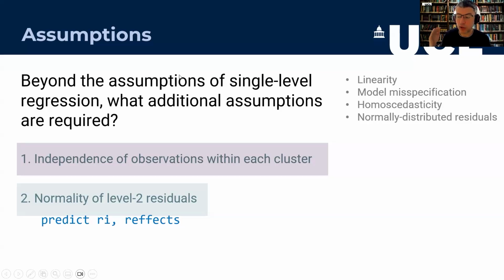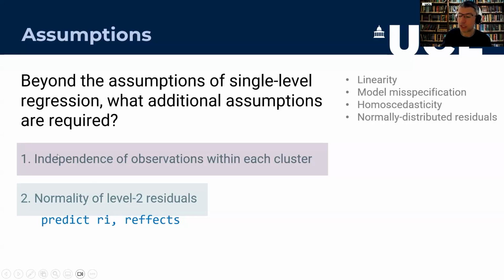So remember, when we are dealing with multi-level models, there are still assumptions that we need to check. But obviously we have, like, scarcity, model misspecification, linearity. These are things that you should be checking for.